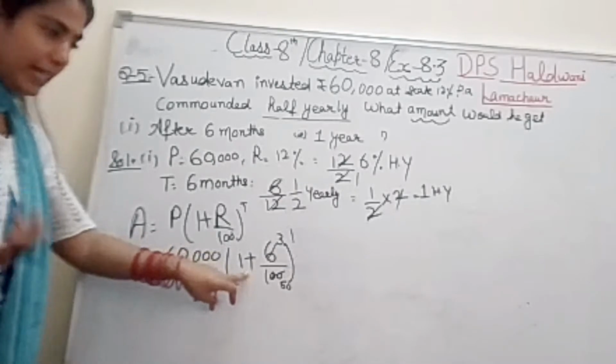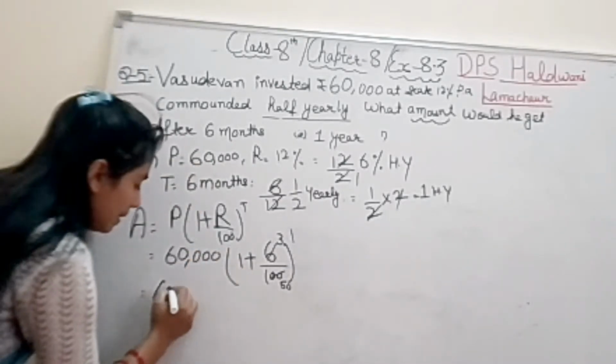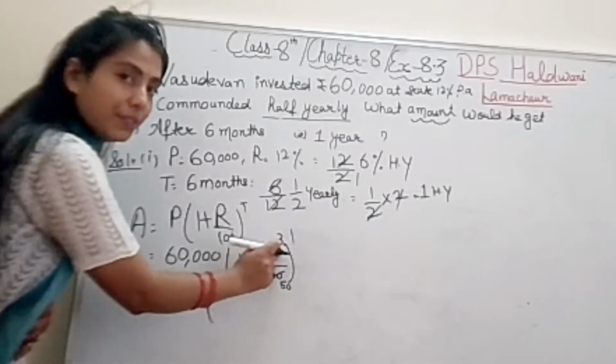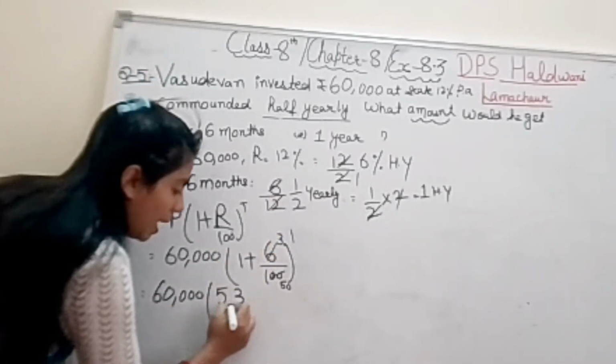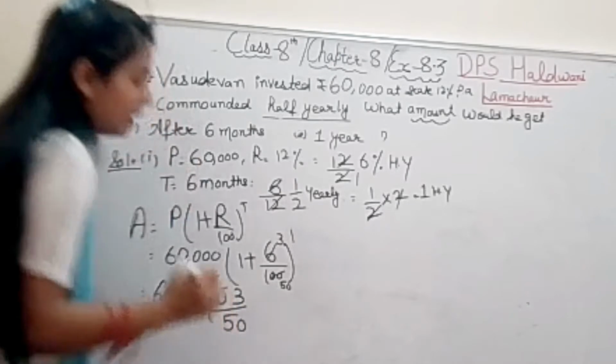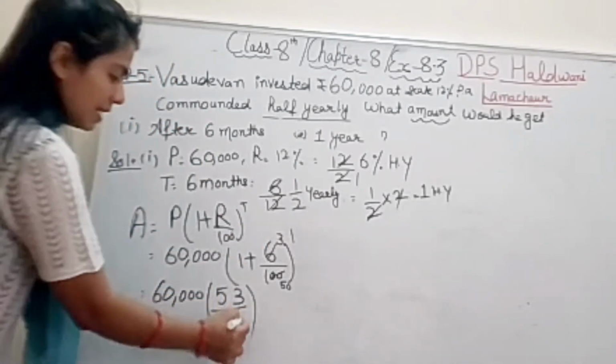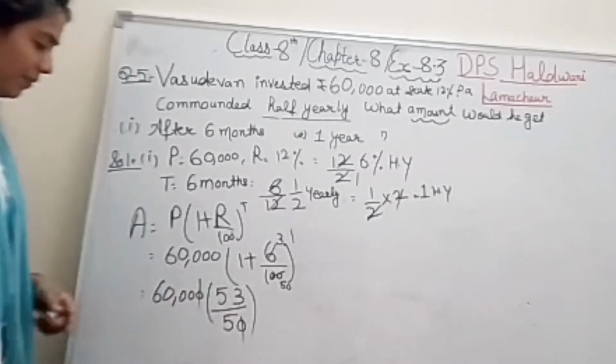Right? If it is cutting, then do it, otherwise don't. Now it is plus, so you will take the LCM. So 60,000, 50 1s are 50 plus 3, that is 53 upon 50. Now the raised power is 1 only, it means the value itself, right? Now simplify it, 0 cancels with 1 zero.